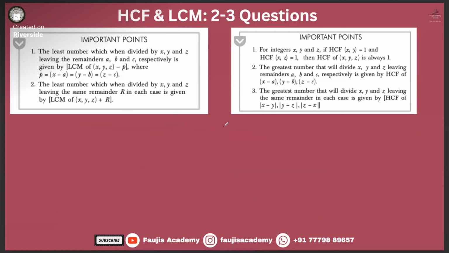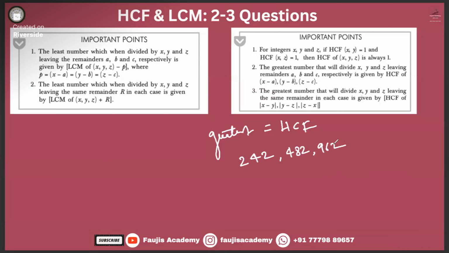The greatest number. They have asked you greatest, that means you have to find the HCF. That will divide X, Y, Z, leaving the same remainder in each case. Same remainder. Let us say I took numbers 242, 482, and 962.